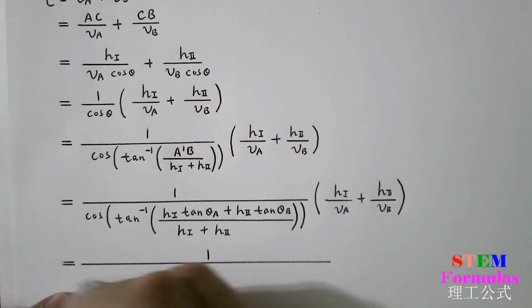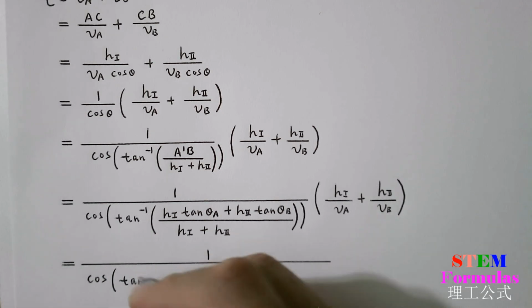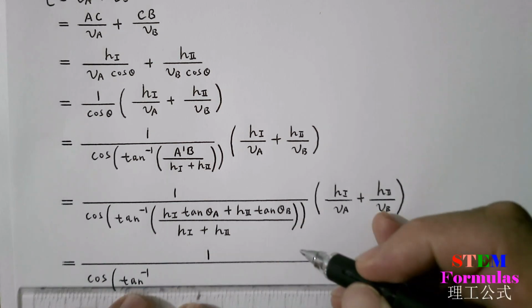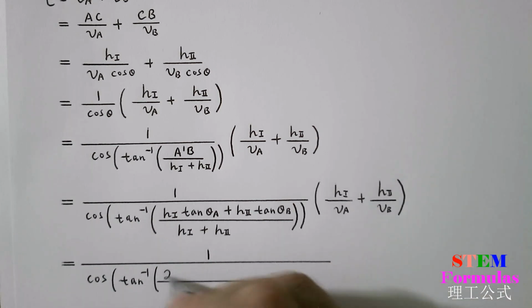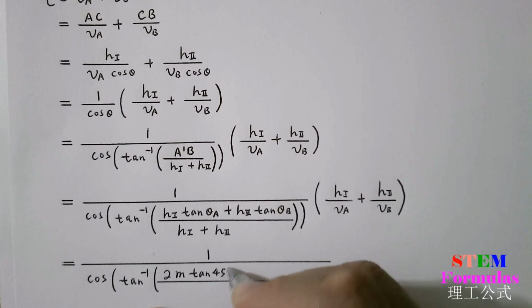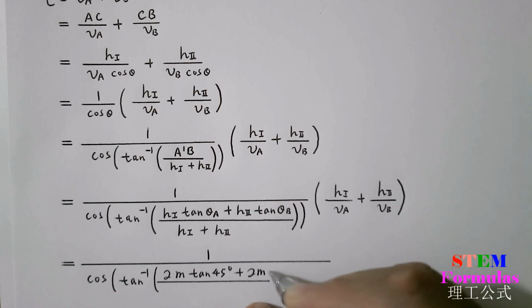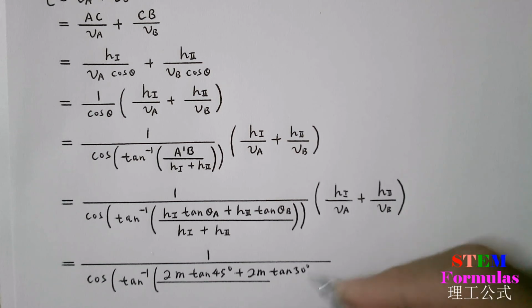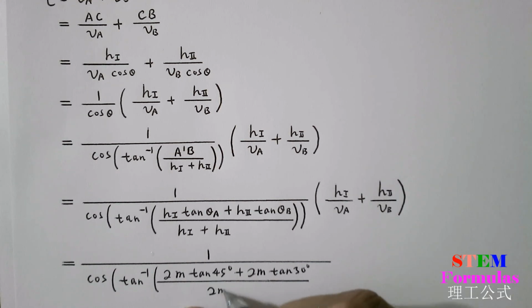So 1 divided by cosine tangent inverse bracket 2 meter tan 45 degrees plus 2 meter tangent 30 degrees, and bottom 2 meter plus 2 meter.